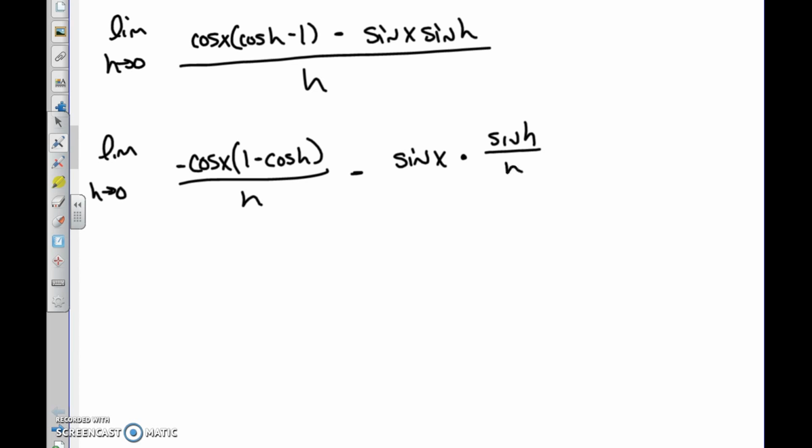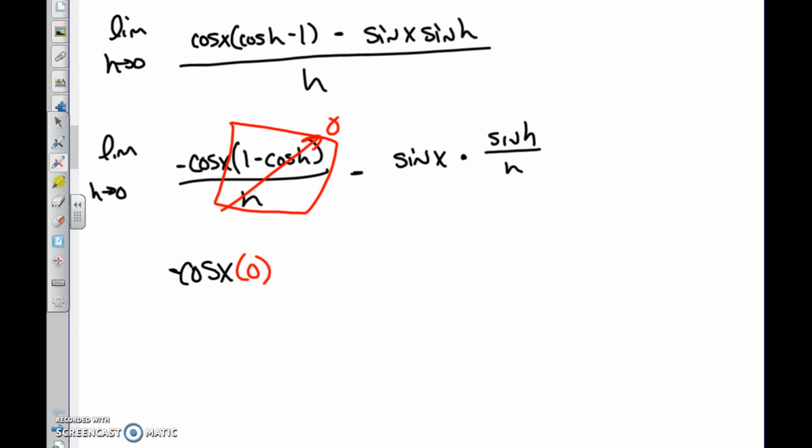Okay, so now when I write this, I can break down the limit to each of these, and we can see that the limit of negative cosine of x, there's no h to evaluate, so that would just still be a negative cosine of x. And then this part right here, when I evaluate it, we know that it's going to equal just 0, so I can make that a 0 there.